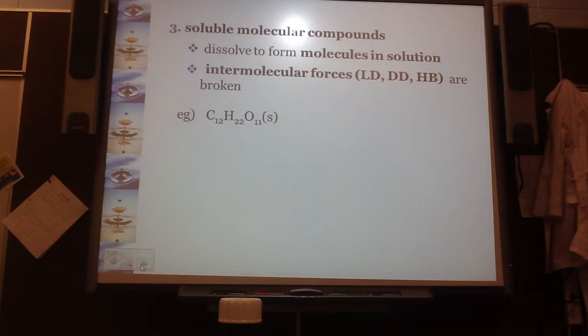This is like a sugar. It does not dissociate. You see there, it doesn't break down into smaller bits. But we can write it as aqueous, because we know it dissolves. See the difference between the molecular and the ionic compound? This is like sugar.